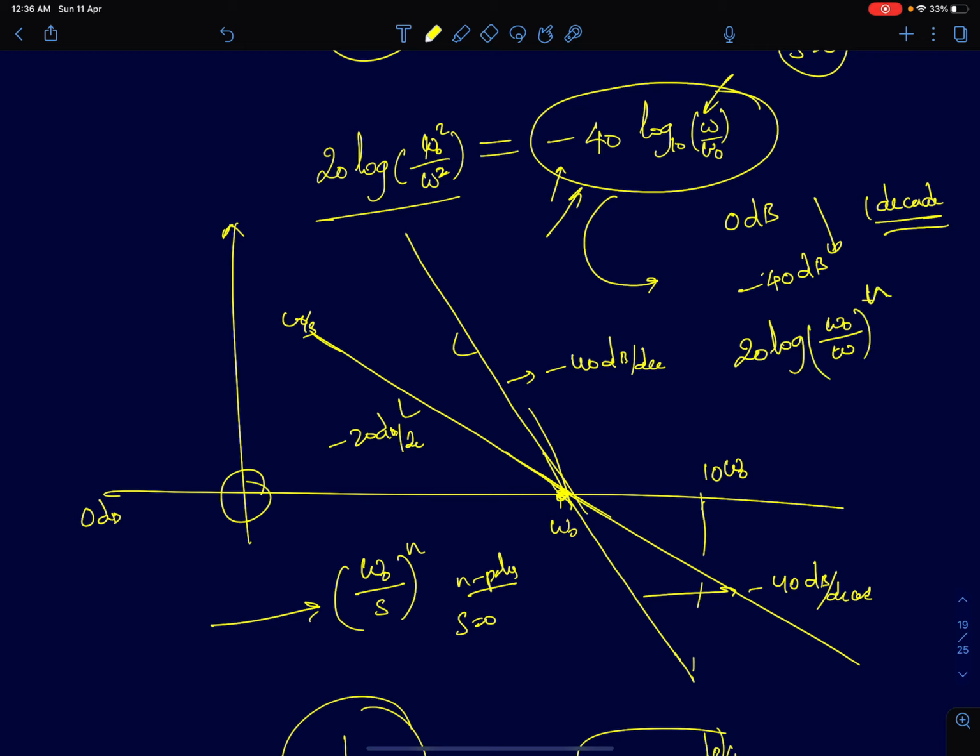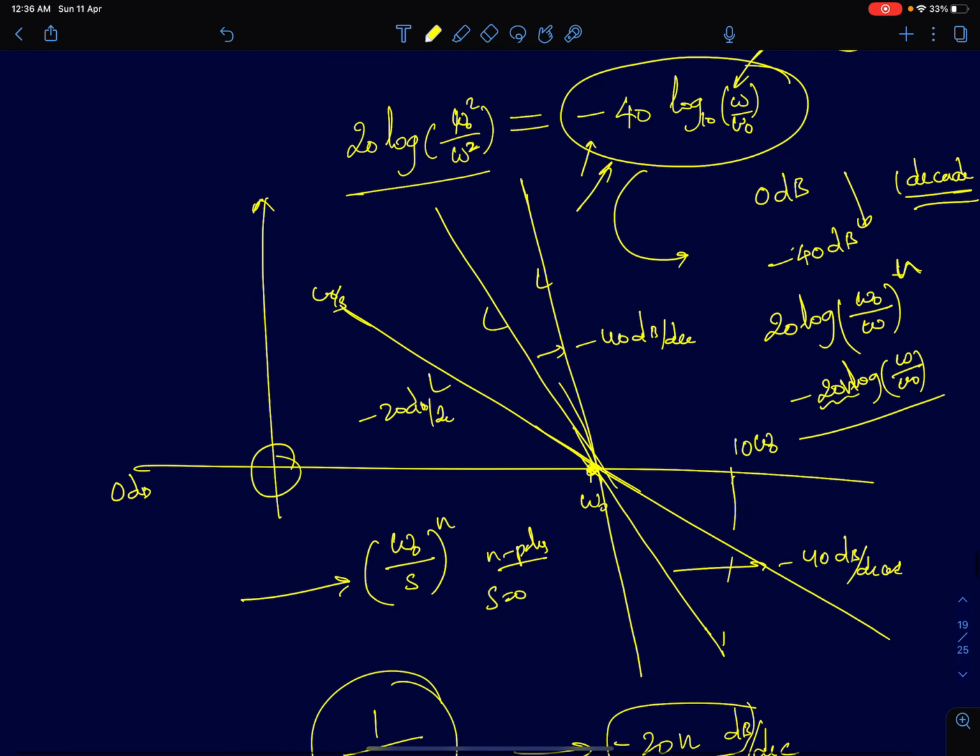I can write it as minus 20n log of omega by omega naught. So you can see here the slope is minus 20n. If you keep adding more and more poles, the slope will keep on increasing and it will go to minus 20n decibels per decade.